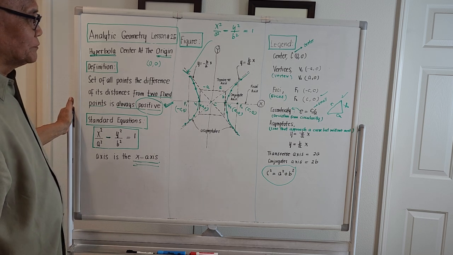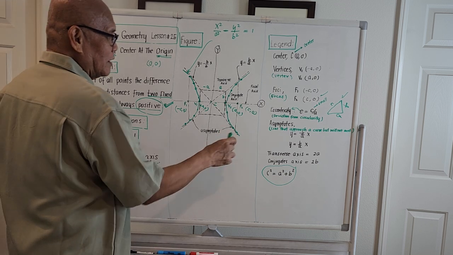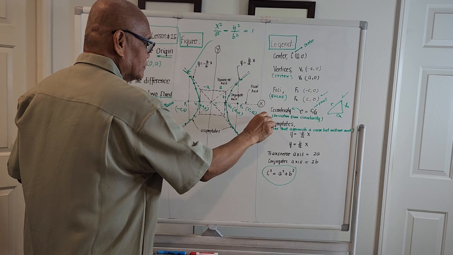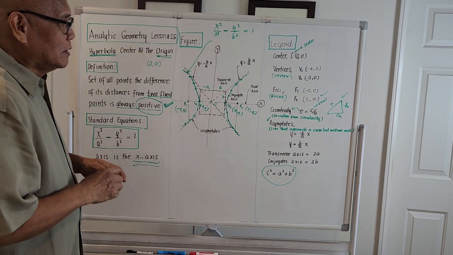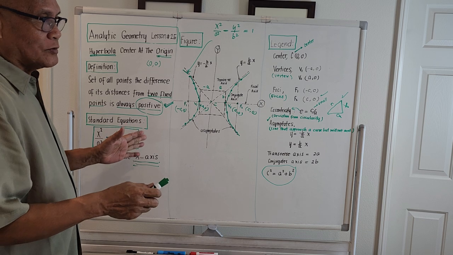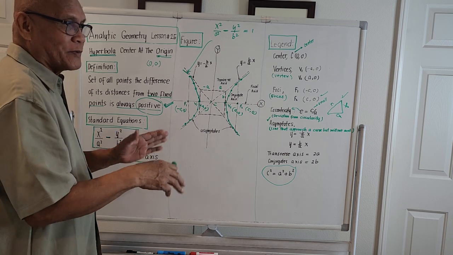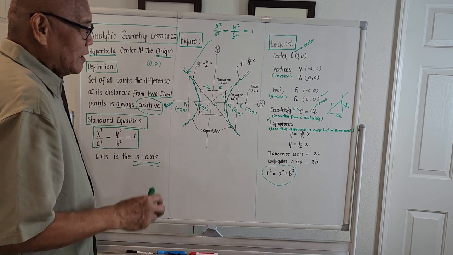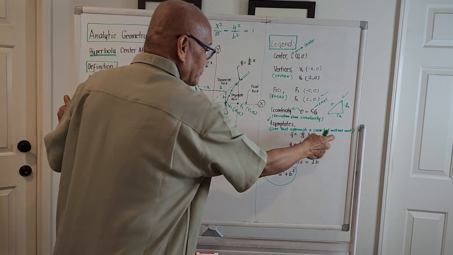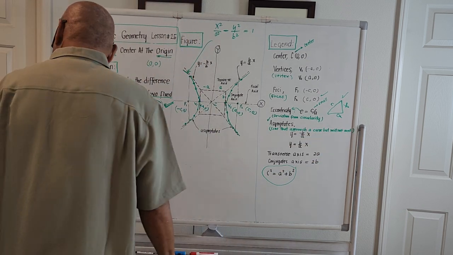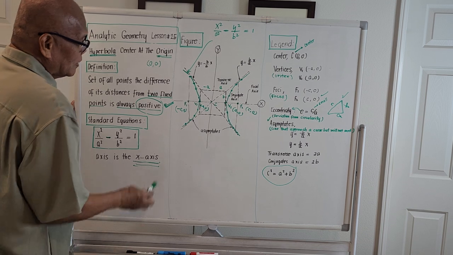What's the next one? Asymptotes. This is a new term also. Under the study of conics, there is the so-called asymptote. The simplest definition of an asymptote is that it's a line that approaches a curve but will not meet the curve. It is something like this.